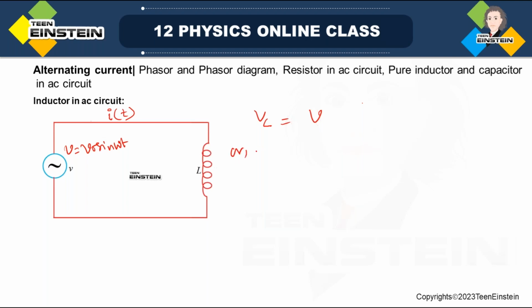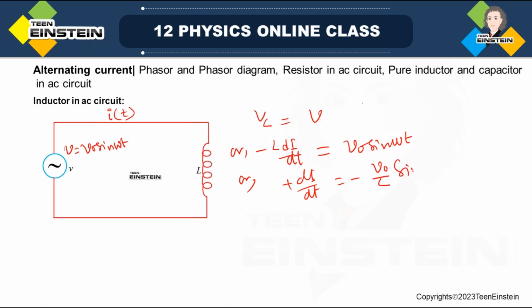So what is this VL? VL is minus L di dt, and V is actually V0 sine omega t. So di dt is minus V0 by L sine omega t. Now we need to find out the current, right?